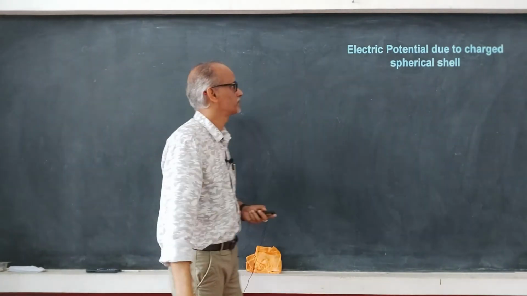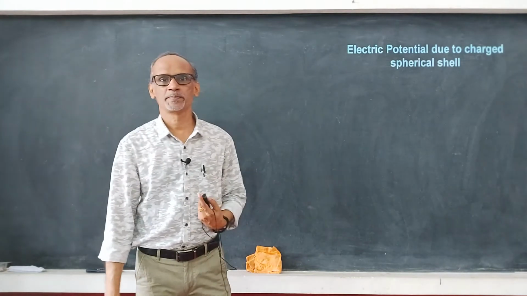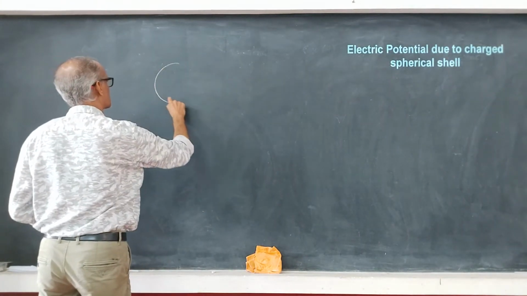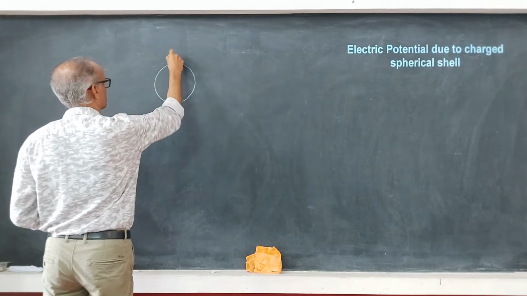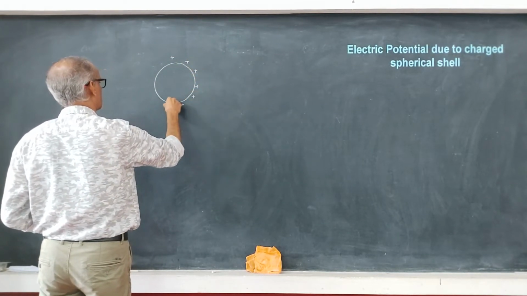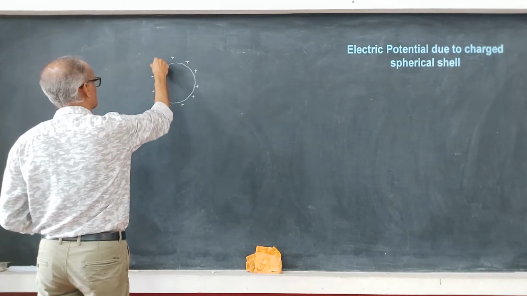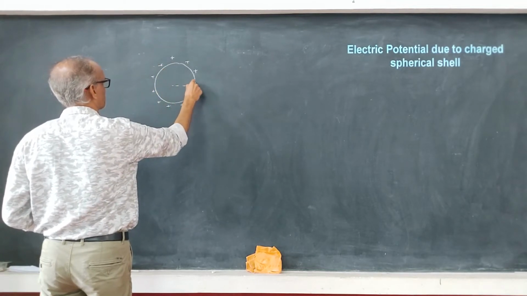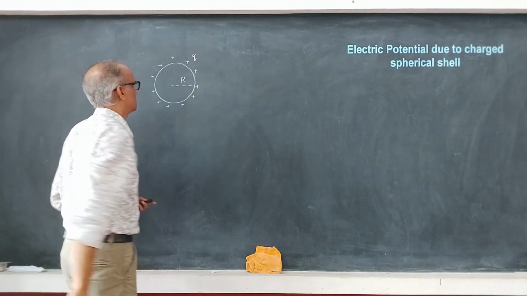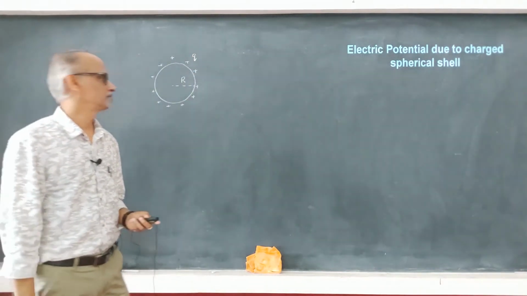Electric potential due to a charged spherical shell. So if I consider a uniformly charged spherical shell having radius capital R, Q is the total charge on the sphere.